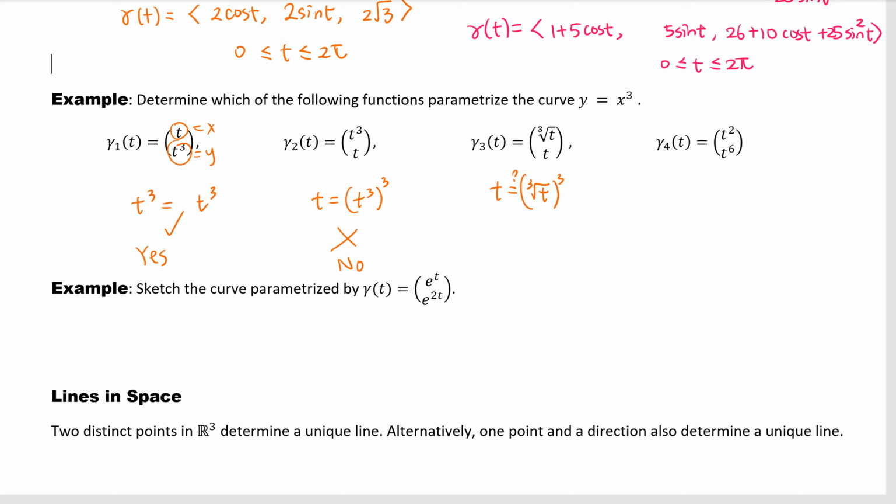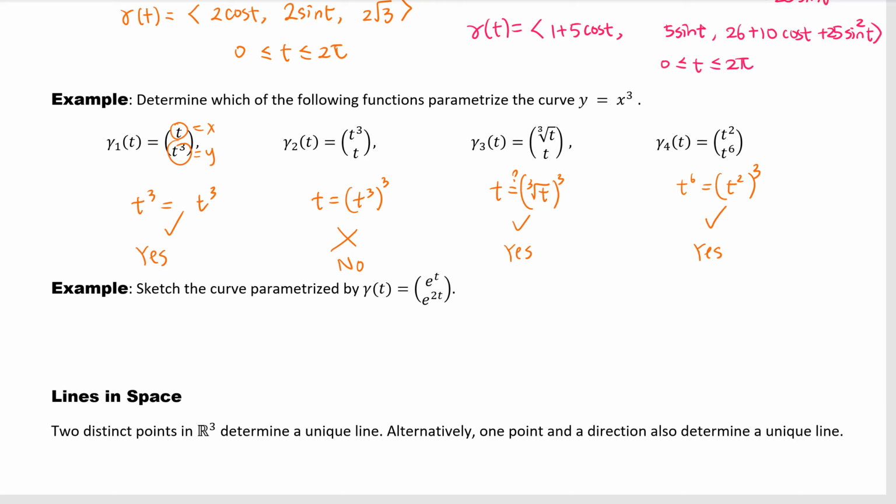So is this true? Yes. Okay, next, y is t to the 6, and then x is t squared. Cube it. Is this true? Yes, right? So that's why for a function we can have many different parameterizations.